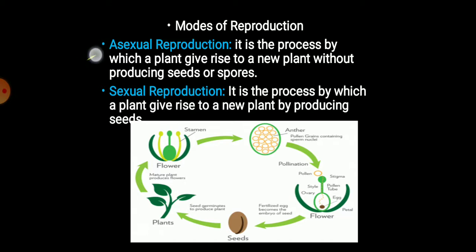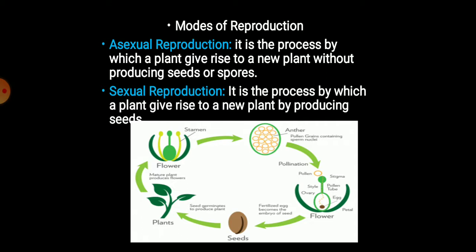We will see asexual reproduction in coming videos. In this video, we will simply analyze the terminology, the different small definitions, and slowly and steadily we will proceed to the different methods of asexual reproduction in the coming videos.